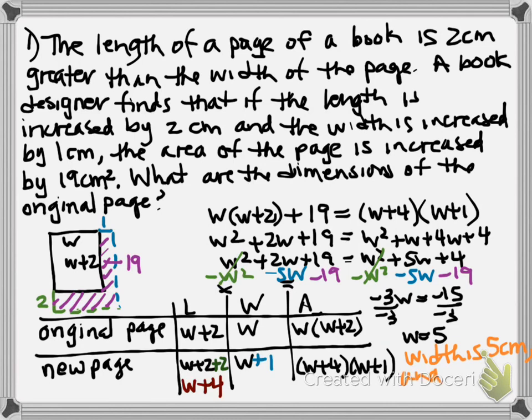And the length is, and this is when I plug it into the formula, W plus 2, so 5 plus 2 equals 7 centimeters. And again, this is reflecting the original page, because that's what the question asked, what are the dimensions of the original page? So the width is 5 centimeters and the length is 7 centimeters.